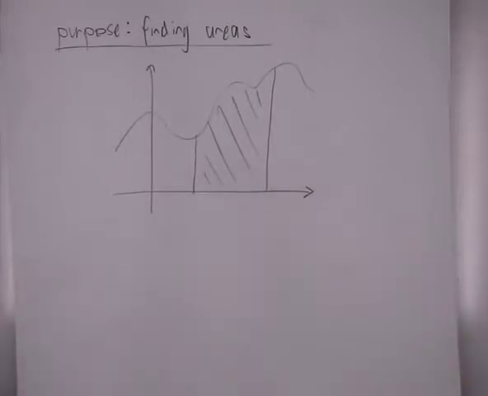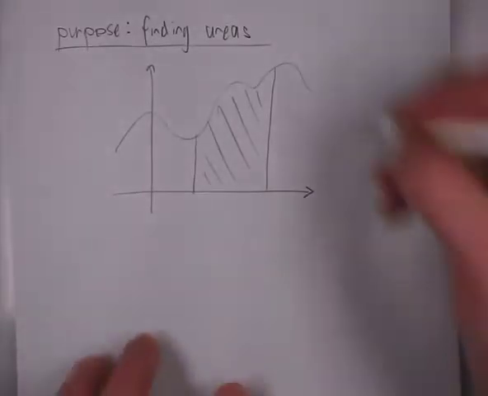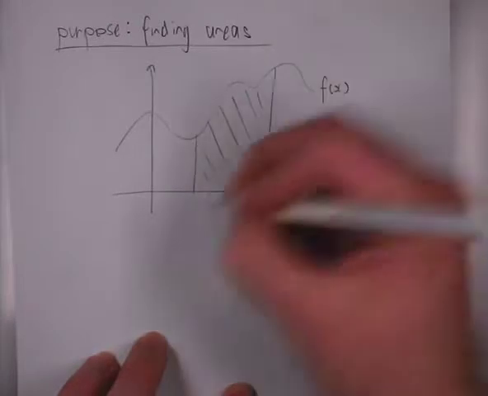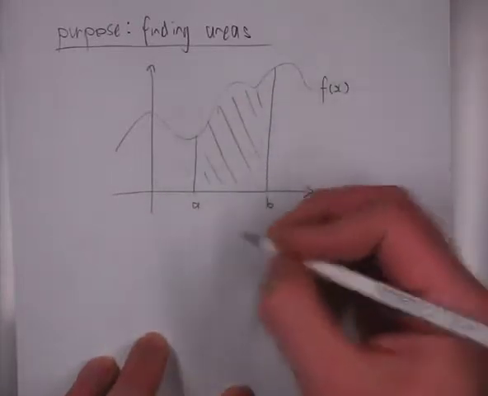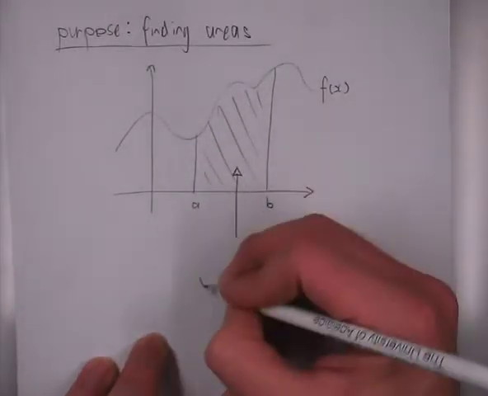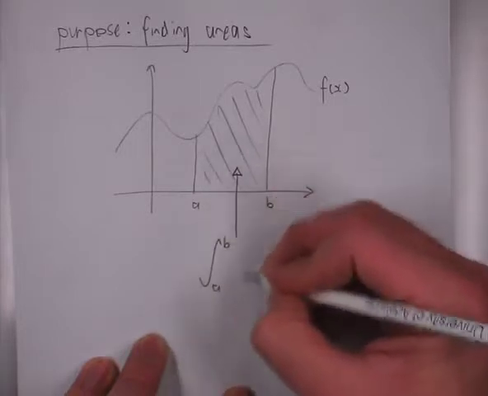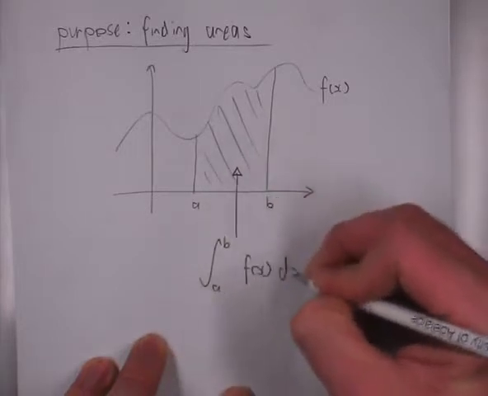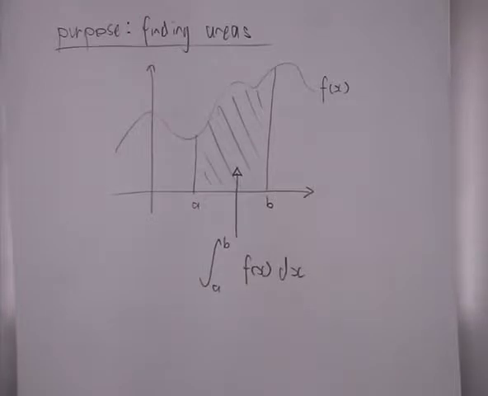That's the idea of an integral. So if this thing was f(x), and this was a, and this was b, then that area there would be the integral from a to b of f(x) dx. It's always good to have that sort of picture in your head.